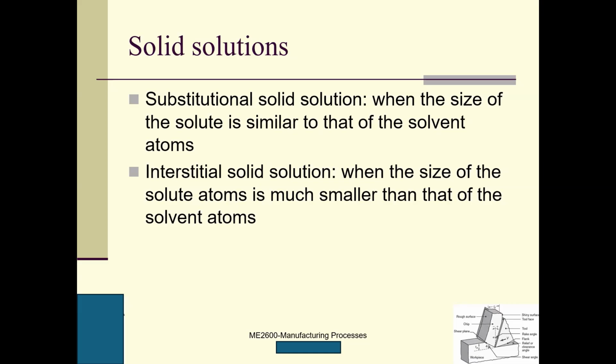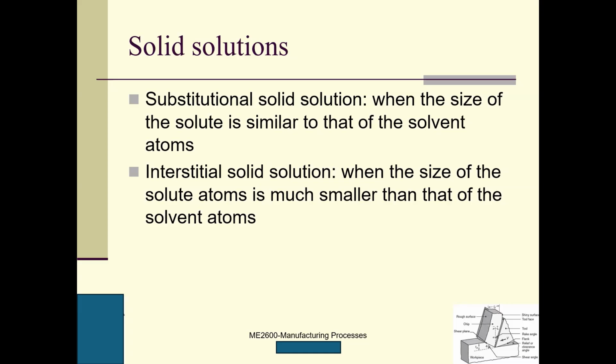We talk about the impurity, right? Impurity means the foreign elements or foreign atoms, meaning atoms coming from outside that are different from the majority material. So interstitial, as the name suggests: the impurity atom size is very, very small, much smaller than that of the solvent atoms.